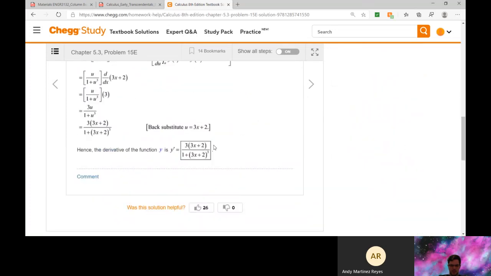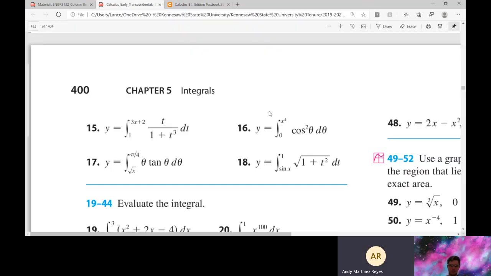And 3 times that over this. I'm going to try this one. Which one? This one. Okay.